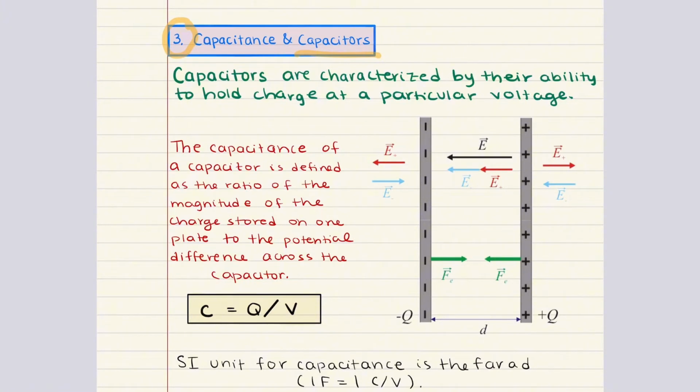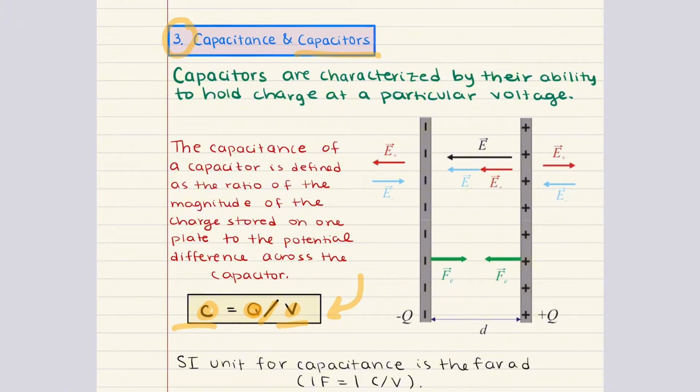The relationship between charge, capacitance, and voltage is given by this equation right here that says C is equal to Q divided by V. C is capacitance, and this is measured in units of farad. This is equal to Q, which is the magnitude of charge stored on one plate, divided by V, which is the potential difference across the plates.